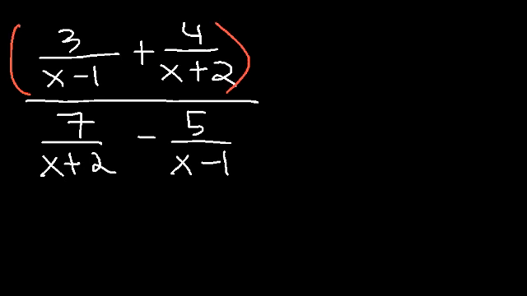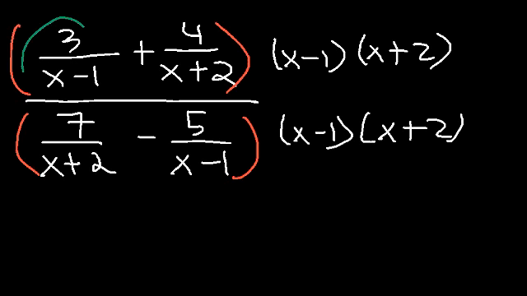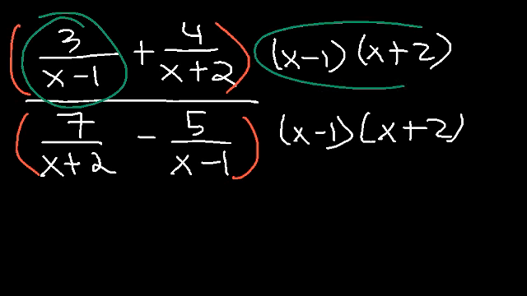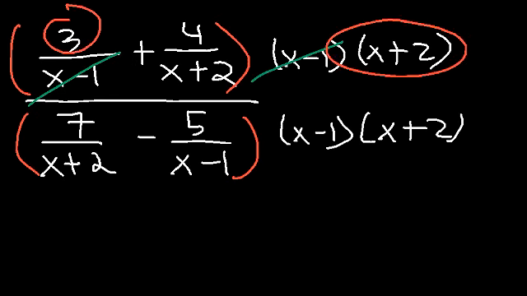So let's multiply the top and bottom part by those two factors. So now, multiplying 3 over x minus 1 by these two, the x minus 1 factors will cancel, leaving behind 3 times x plus 2.